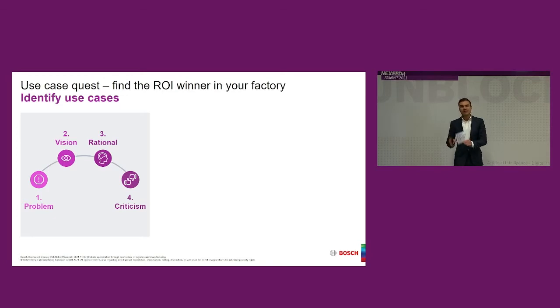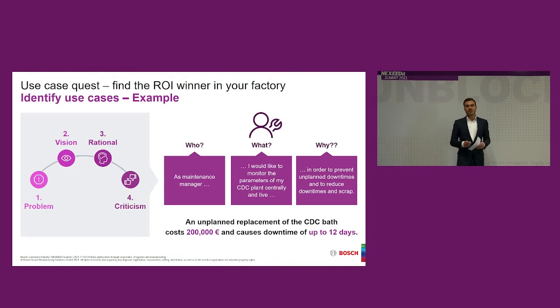And the next step, the last one, would be criticism. Here we are talking about, okay, did we forget something? Are our stakeholders already involved? Do we have to think about the workers' council? And so on. So all in all, these 4 steps lead to the user story.